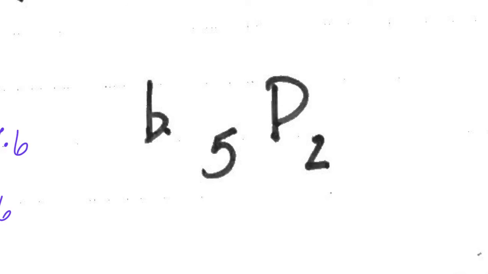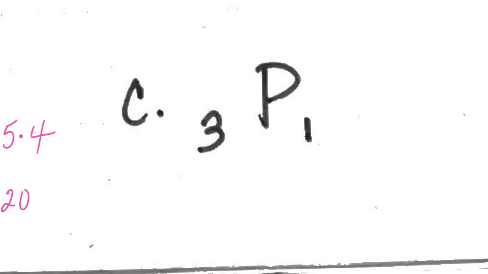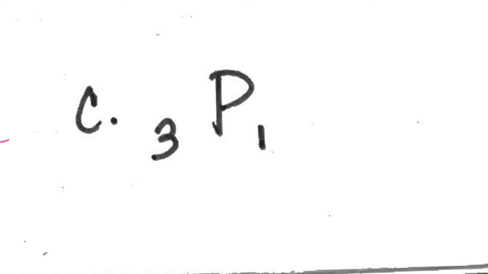B, we just did that one. This is saying 5 factorial 2 times, the answer was 20. And the last one is just saying 3 factorial 1 time, and you could put this in your calculator if you don't trust me. The answer is just 3.